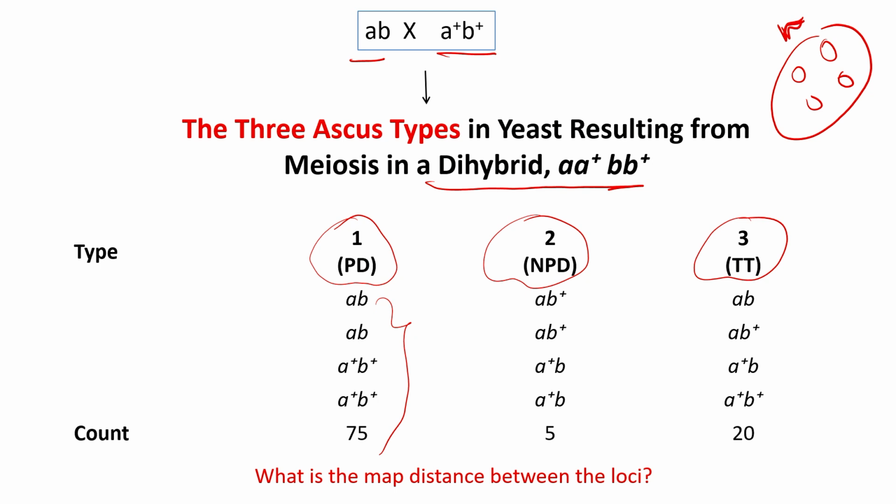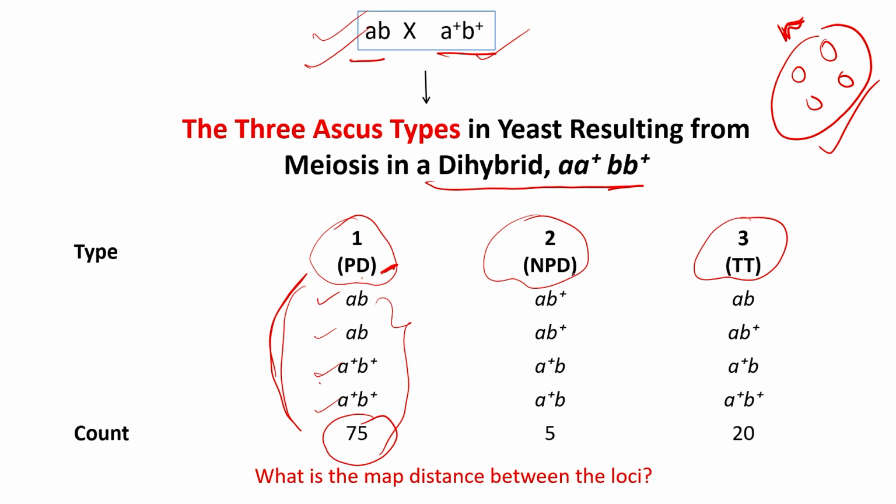You see there are AB parental type, AB parental type, A plus B plus parental type, A plus B plus parental type. So, they all are the parental combination. That is why this is called parental ditype, PD. So, this is the number of parental ditype asci seen.